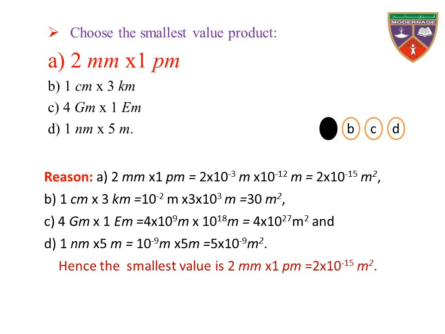And option D, 1 nanometer into 5 meter is equal to 10 power minus 9 meter into 5 meter, which is equal to 5 into 10 power minus 9 square meter, because 1 nano is 10 power minus 9. Hence, the smallest value is 2 millimeter into 1 picometer, which is equal to 2 into 10 power minus 15 square meters.